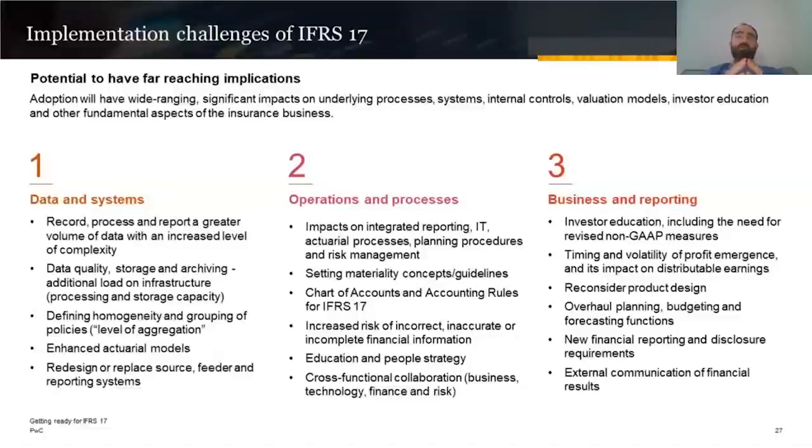So just to give you an idea, we've spoken earlier about the new unit of account being groups. So everything will be done at a group level, and depending on the type of organization, you may have hundreds or possibly even thousands of groups of policies that you have to calculate numbers for, and you need to track them.